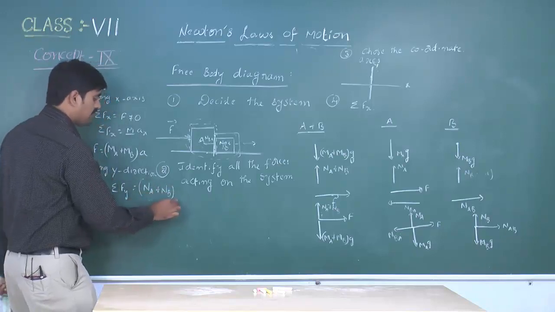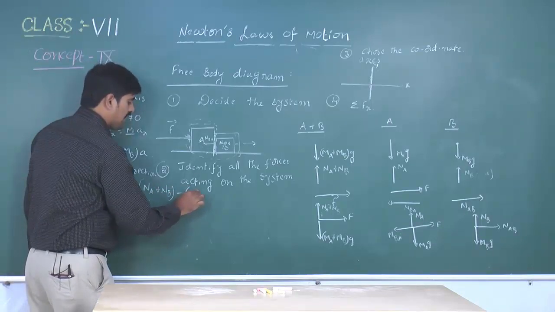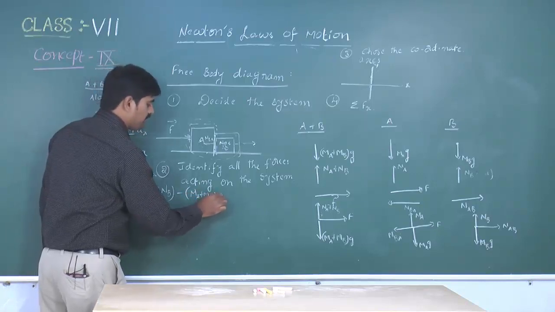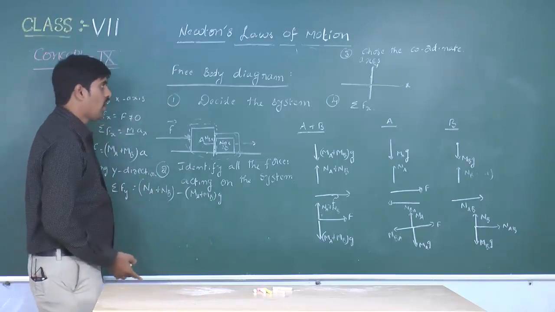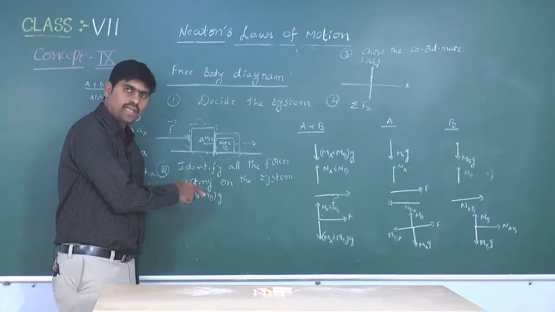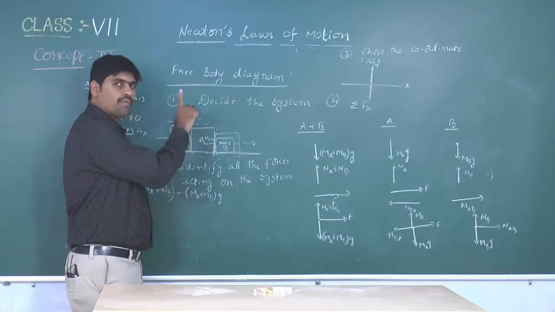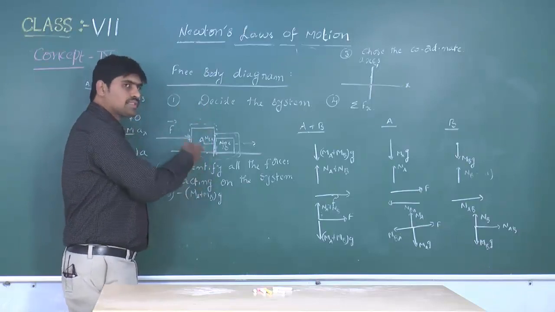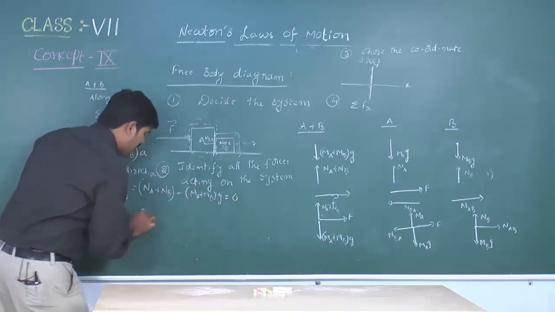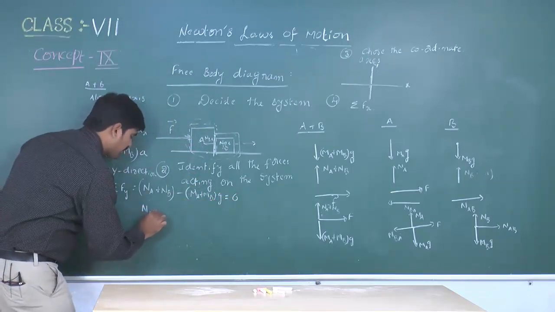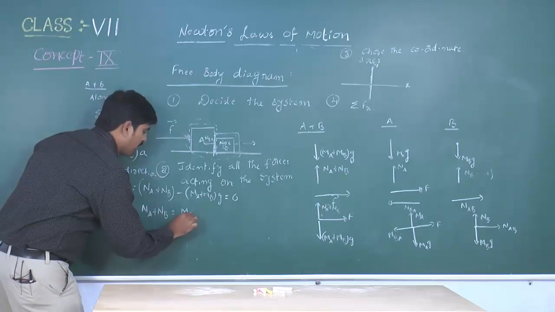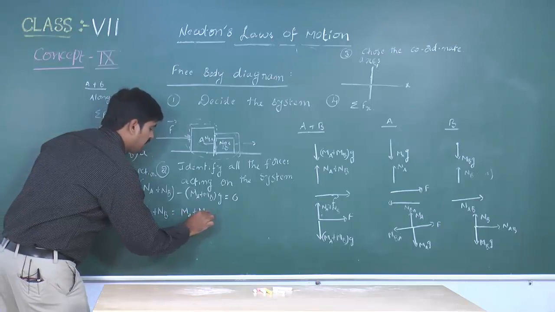Now NA plus NB minus (mA plus mB) into g. So now, you know that the body is not going in downward direction as well as not in upward direction, so the net force along y direction is 0. So NA plus NB is equal to (mA plus mB) into g.